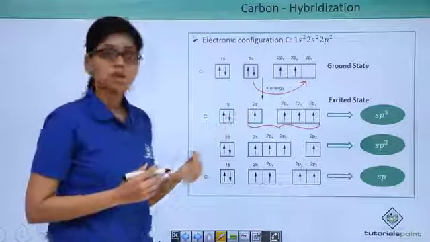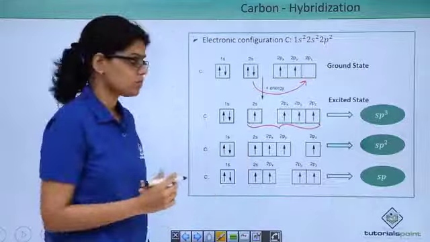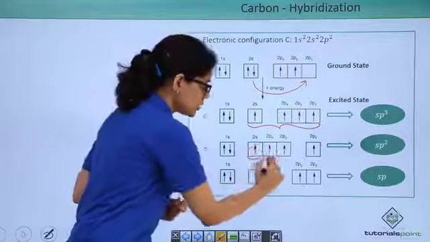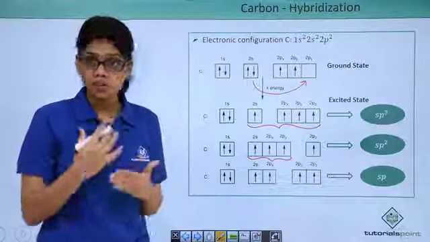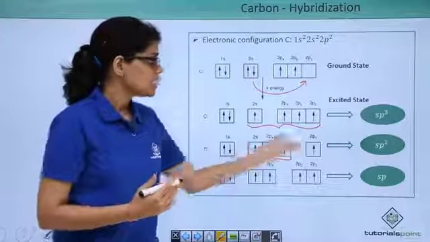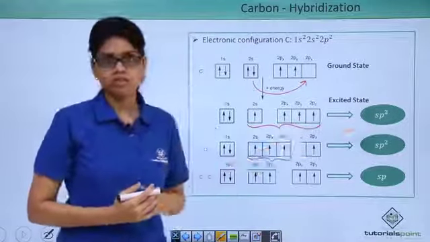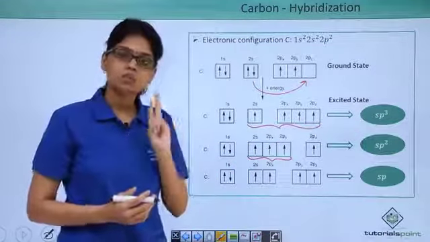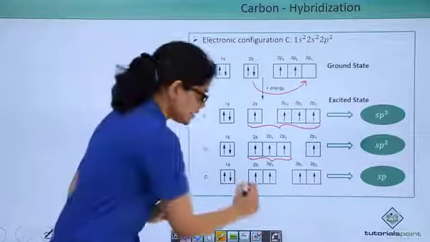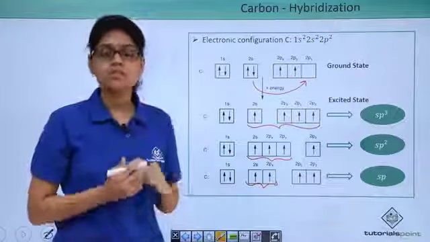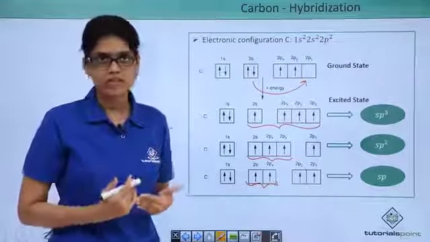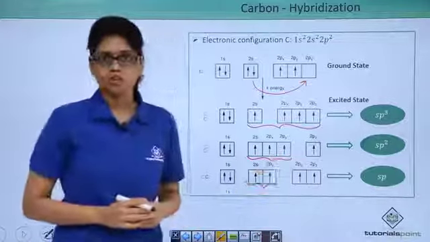Now if the 2s orbital mixes with two 2p orbitals like 2px and 2py, and you have one 2pz orbital which is not involved in hybridization, then you have sp2 hybrid orbitals. Now if 2s and one 2p combine, like here as you can see, and then obviously we have 2p orbitals which are not involved in hybridization, you get sp hybrid orbitals.